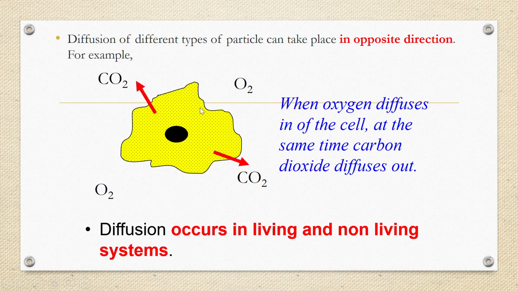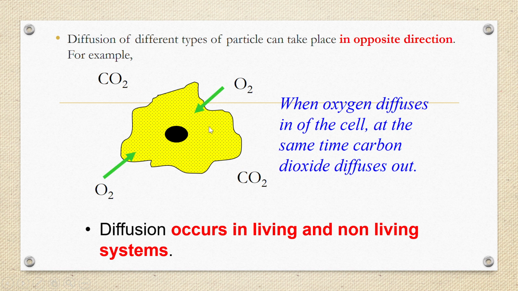Now let's talk about oxygen. The surrounding area here has a high concentration of oxygen, as compared to within the organism, which has a lower concentration of oxygen because the cells undergo respiration, so they are using or consuming that oxygen.